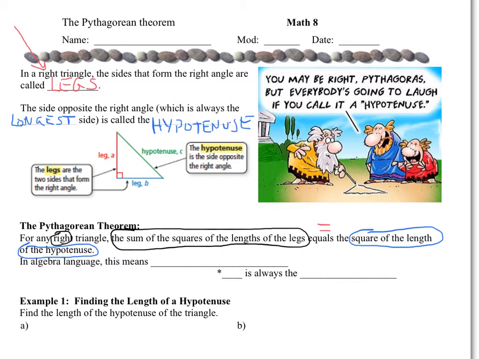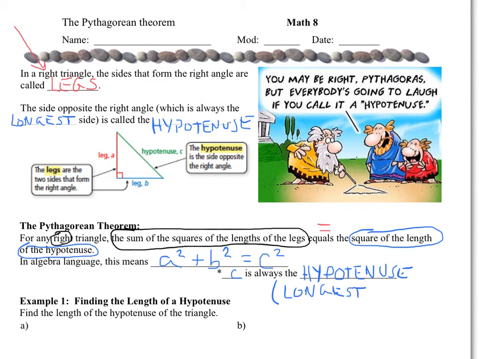So in algebra terms, this is the equation that we're going to work off of. There's one leg squared, the sum, the second leg squared. That's the first one. And on the other side, the square of the length of the hypotenuse. C is always the hypotenuse, and maybe more of a practical thing, the longest side.